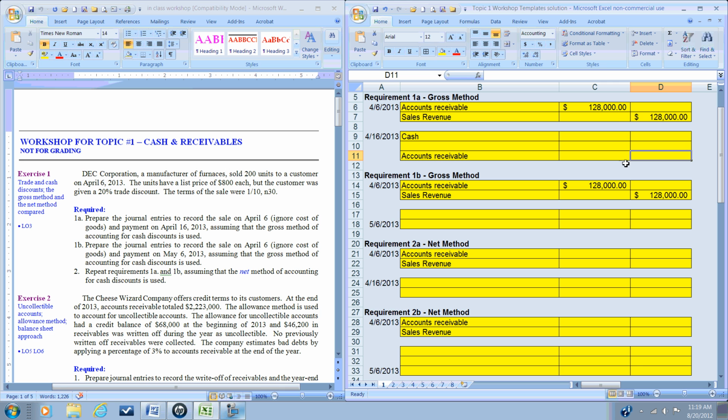Since we increased it by $128,000 in our first entry, to get that balance down to zero to show our accounts are fully paid, we're going to need to credit the accounts receivable by $128,000. However, the customer is not going to pay the full amount. They're going to take advantage of the discount.